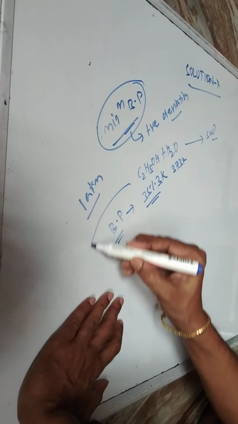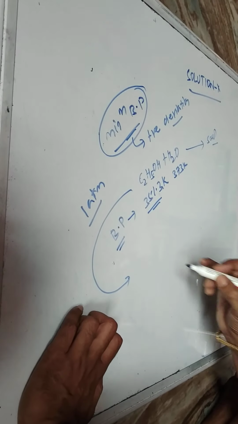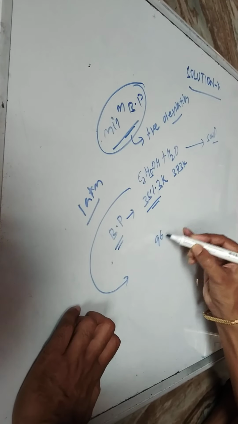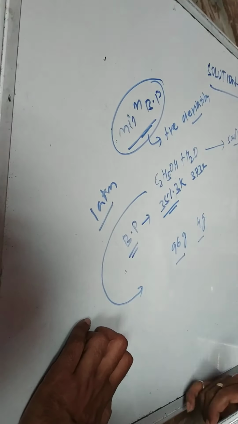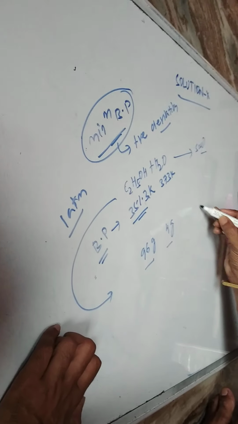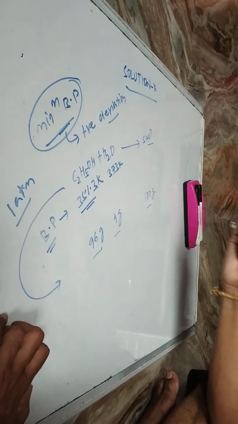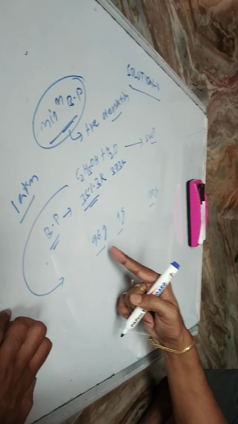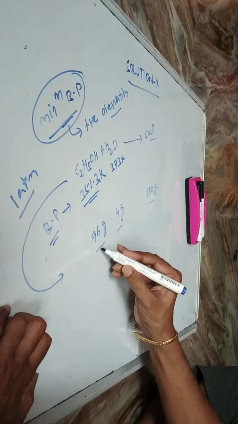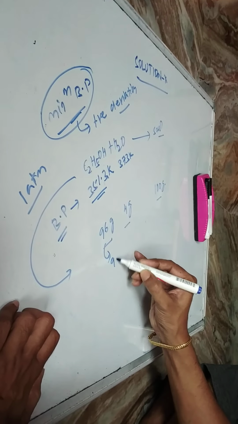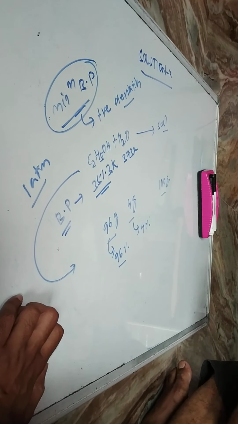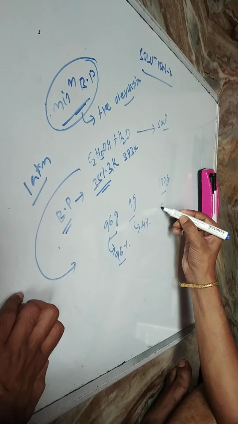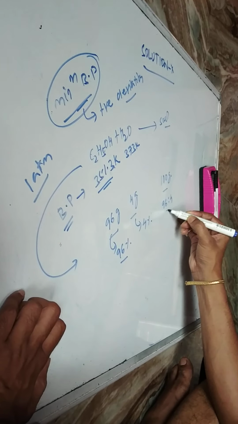We want to form an azeotropic mixture by taking 96 gram ethanol with 4 gram water. Then the solution mass you will get is 100 gram. That means this is 96% and this is 4% by mass, and the composition ratio in the solution is 96:4.